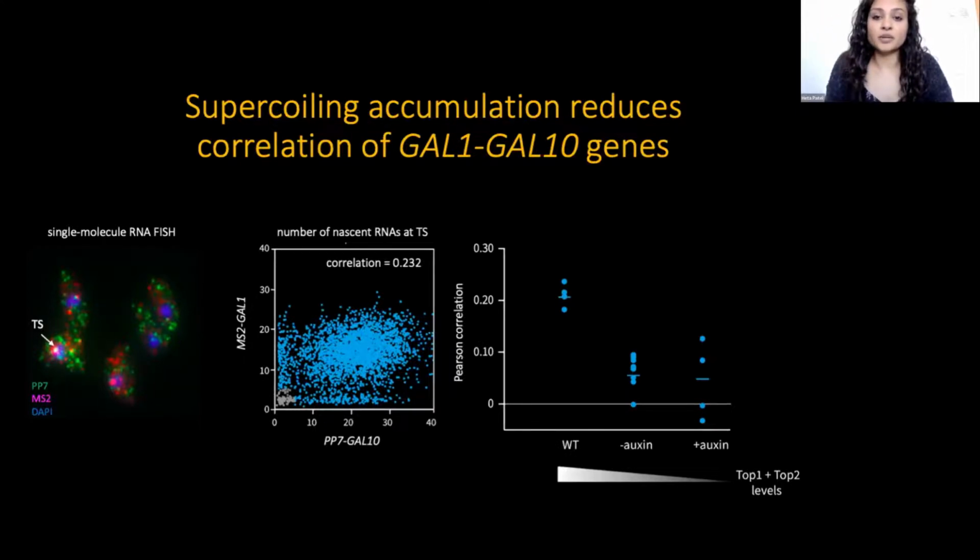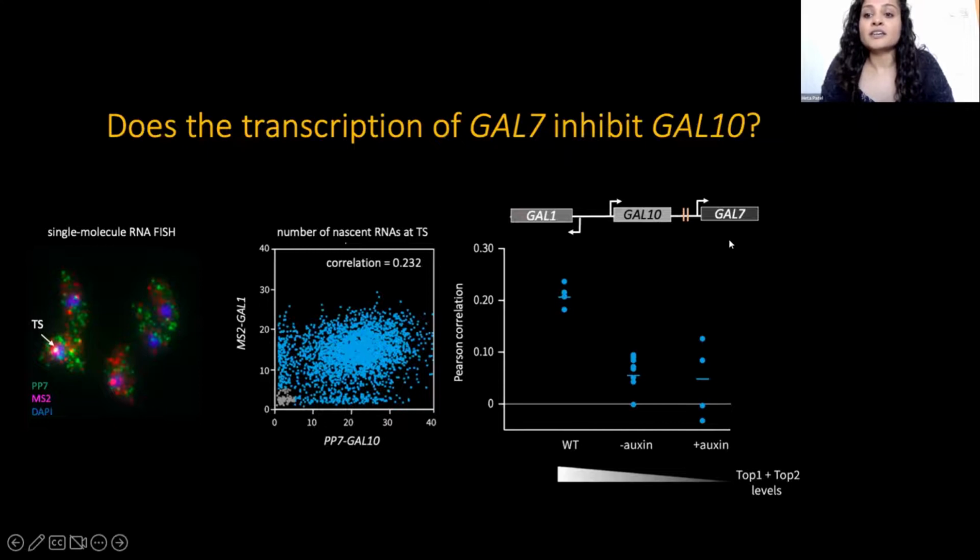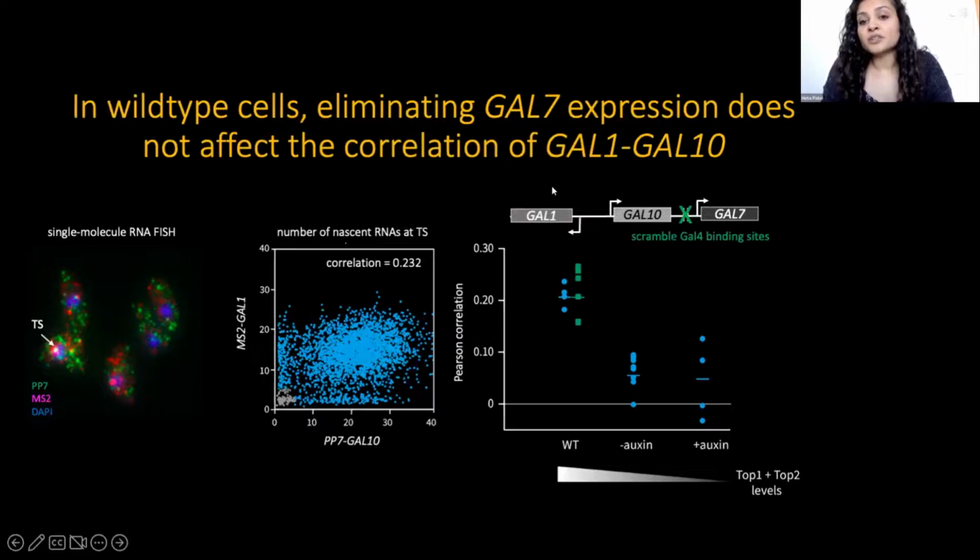And we wanted to know, again, if the expression of GAL7 is inhibiting GAL10. So to test this, we scrambled the transcription factor binding sites in the GAL7 promoter and then measured the correlation of the divergent genes. And we observed that in wild type conditions, eliminating GAL7 expression does not affect the correlation of the divergent genes.